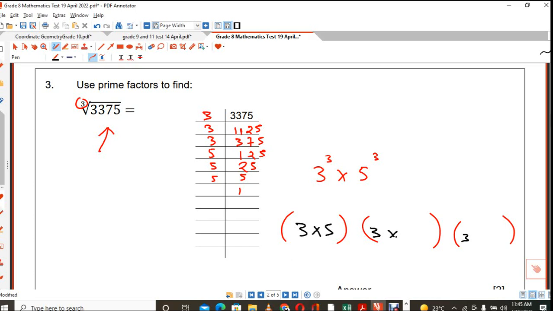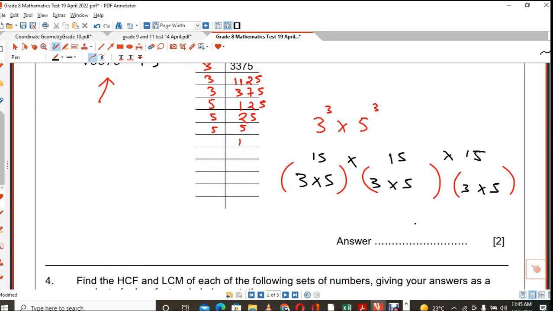Each bracket gets a 5. So what is the number? Therefore, this answer is 15. You were just supposed to write your 15 there. The cube root of 3,375 is 15. Didn't know what you were doing.